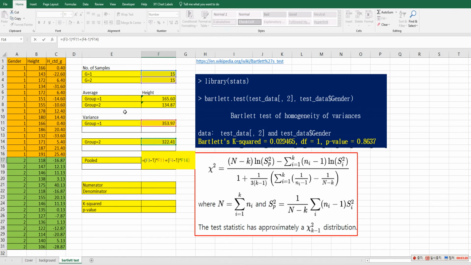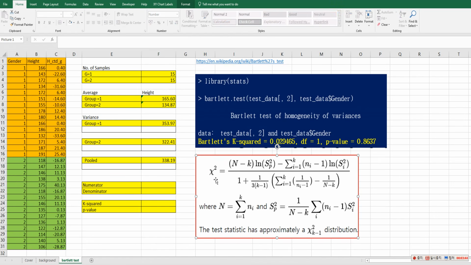And then we need to divide it by n1 minus 1 plus n2 minus 1, which is n1 plus n2 minus 2. Okay. Right.